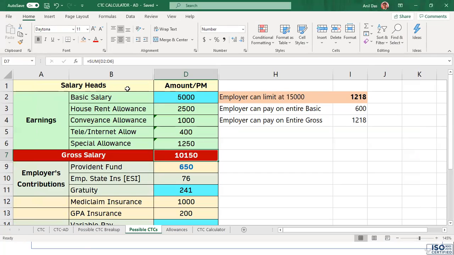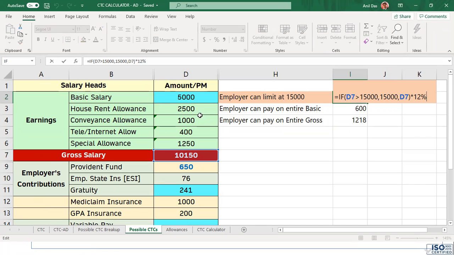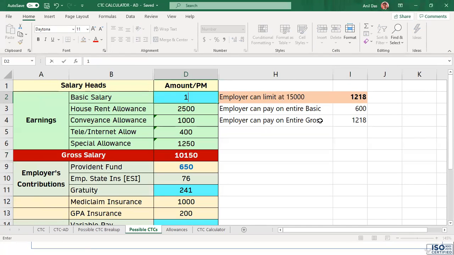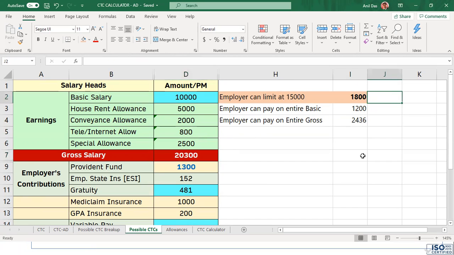Okay, so now this is the correct formula. Take this example. Once you have started paying Provident Fund on 15, PF will not ask you which amount you have taken, which amount you have not taken.